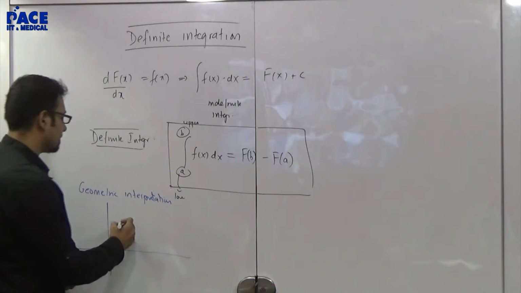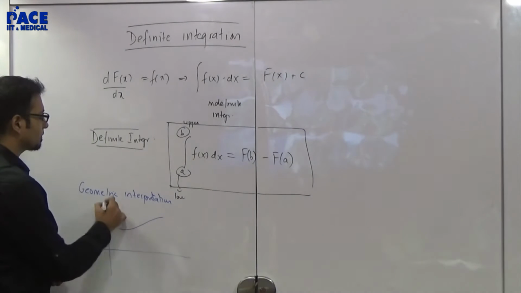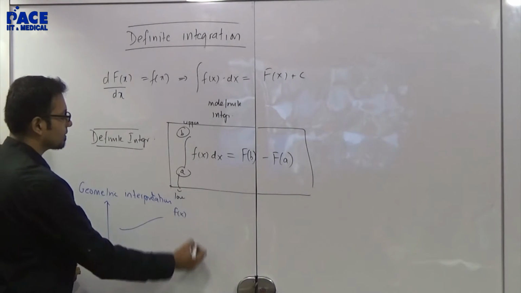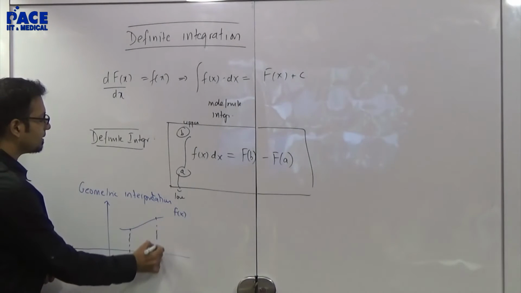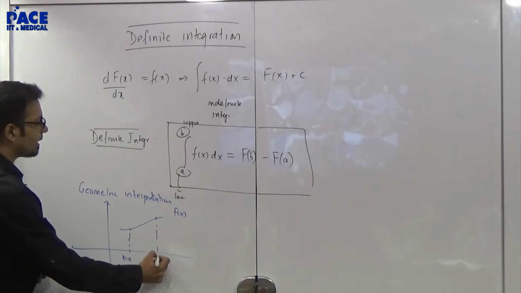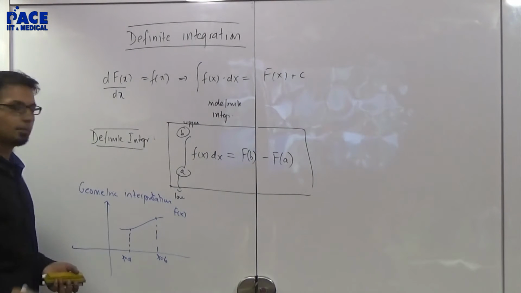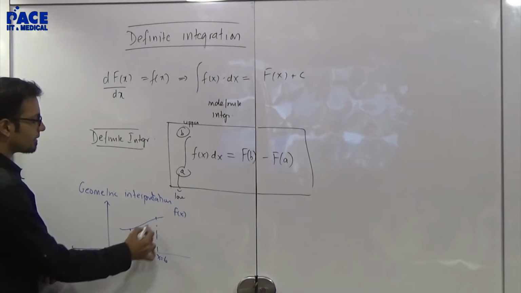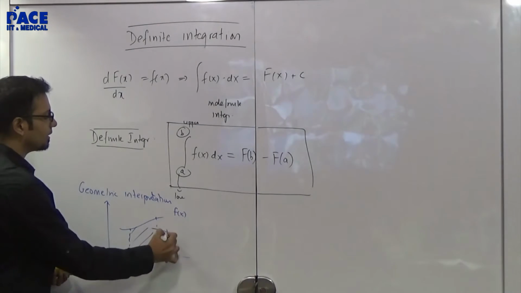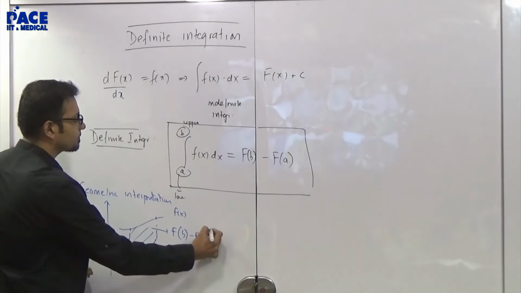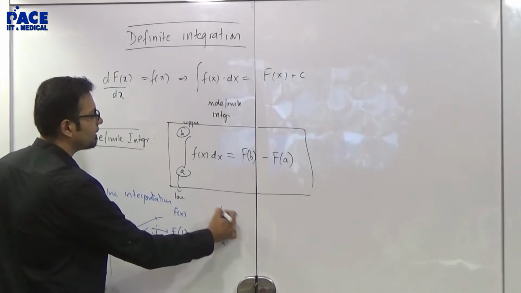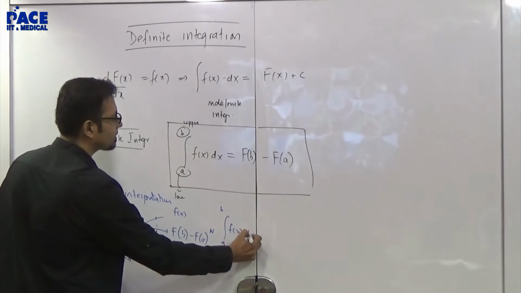Suppose this is the graph of fx, and there are two lines, x equal to a and x equal to b, and this area that you have over here is fb minus fa, or the integral a to b fx dx.